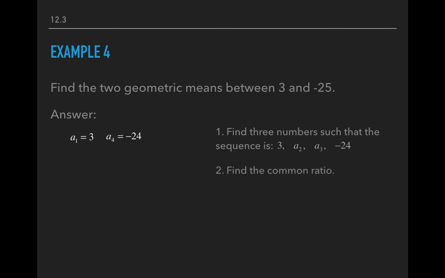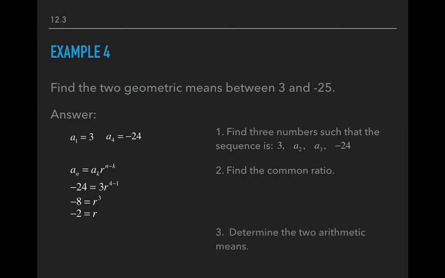Now we're going to find that common ratio using our general explicit formula, substituting in the values at those positions that we just mentioned, and solving for our common ratio. The first thing we'll do is divide by 3, and then we'll figure out, okay, what will be the r value that when cubed is negative 8? Well, that could be only one number. It is negative 2.